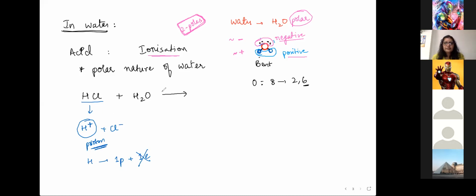So the positively charged proton gets attracted to the negatively charged electrons on oxygen and forms something called a hydronium ion. It forms H3O plus. This is called a hydronium ion. And of course, apart from that, you have your chloride ions.